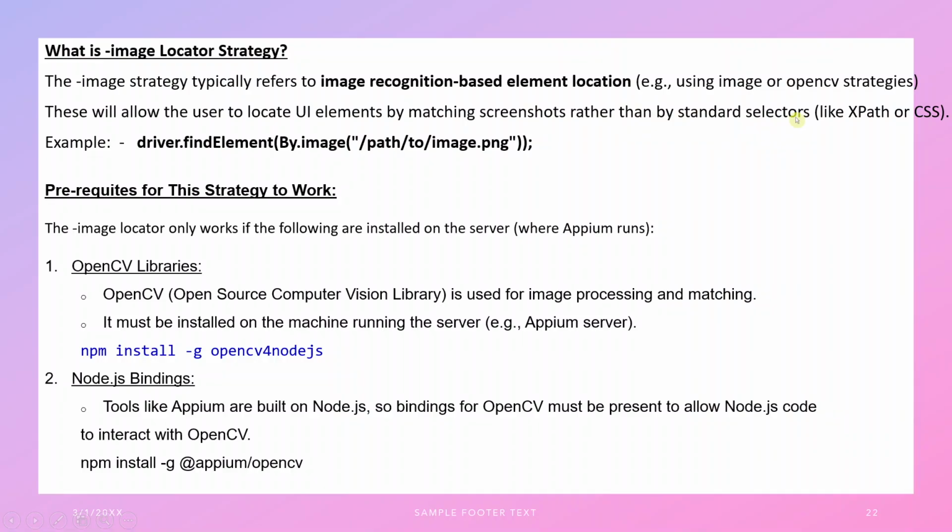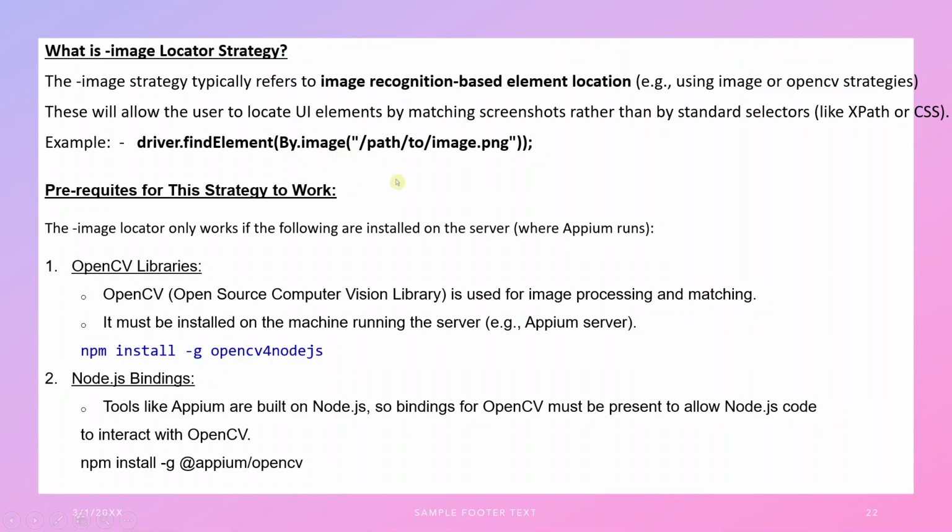Normally when you are working with locators, we want to identify the elements, so we have to use the locators. Instead of that, here we are using the screenshot to locate the UI elements. The example will be driver.findElementByImage.